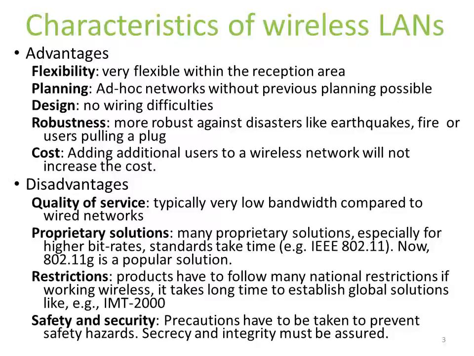At the same time, there may be some disadvantages with wireless LANs. There is low bandwidth when compared with wired networks, because some of the bandwidth may be lost due to noise. We can call it media noise.